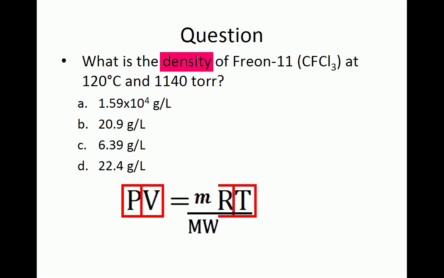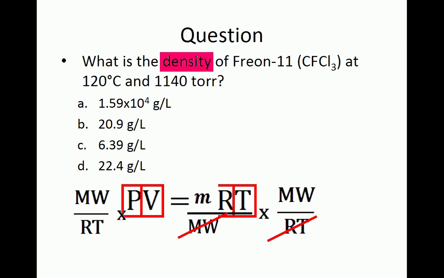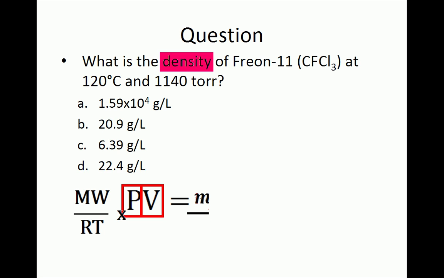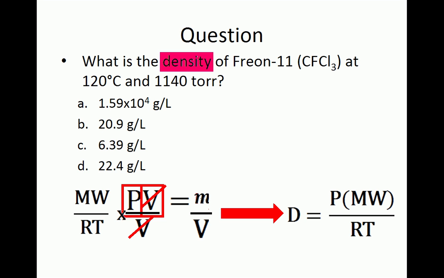We know that density is equal to mass over volume, so we will use algebra to rearrange the equation of the ideal gas law to solve for m over V. After rearrangement, we get density equals pressure times molecular weight over RT.